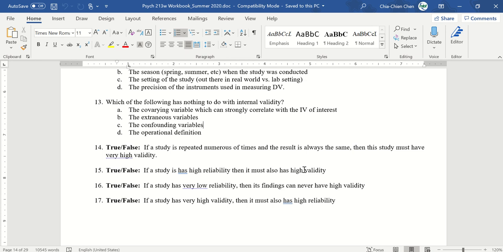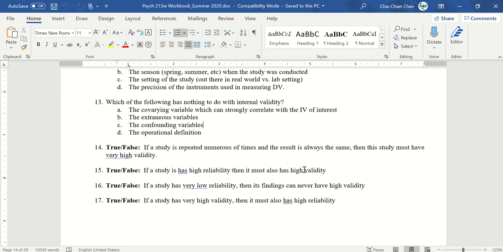Okay. Number 15, if the study has high reliability, then it must also have high validity. So as we said before, this is also false. Okay, when the study has high reliability, it only means that it's reliable in giving you the same results over and over and over again. Okay. Number 16, if a study has very low reliability, then its finding can never have high validity.